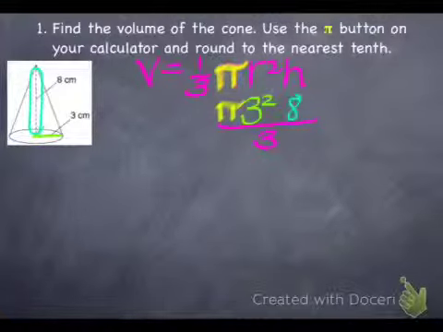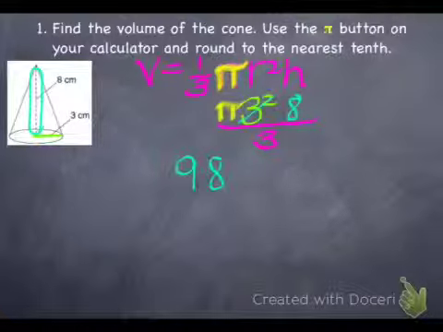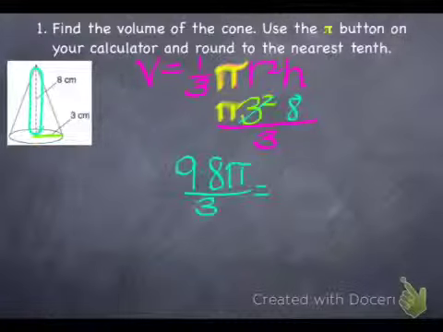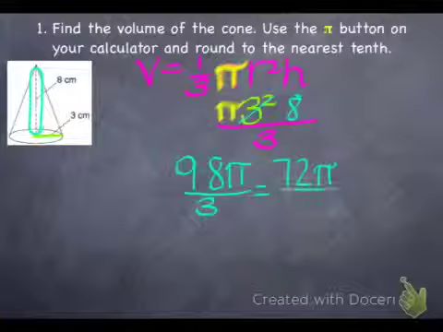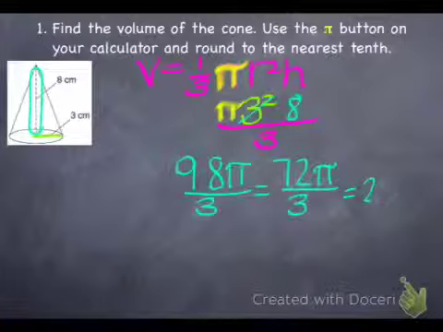So now I just do some simplification. I've got 3 times 3, which is going to create 9. And then bring down 8 pi divided by 3. 9 times 8 is 72 pi. And then 72 divided by 3 is 24 pi.